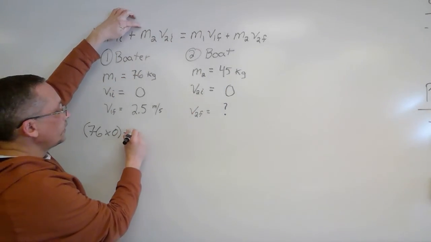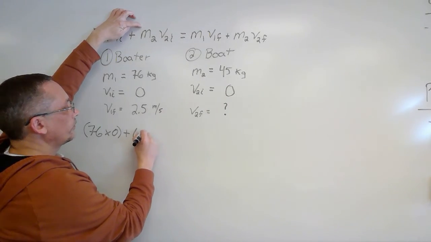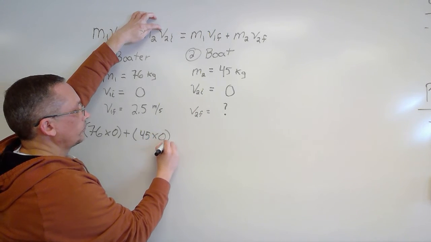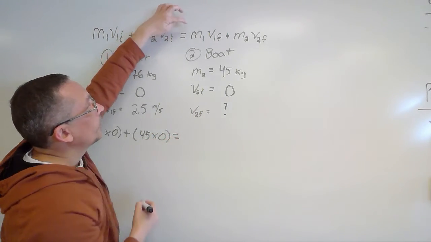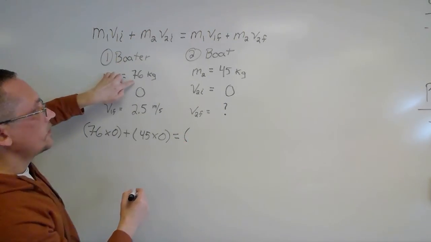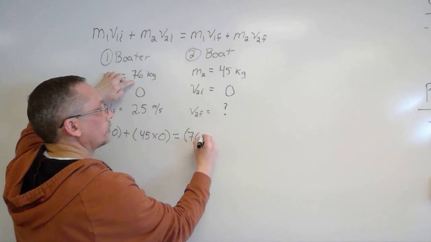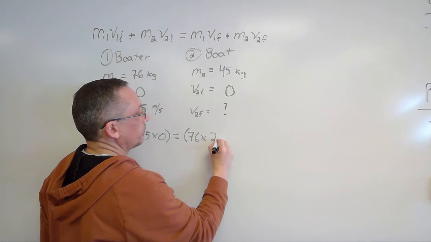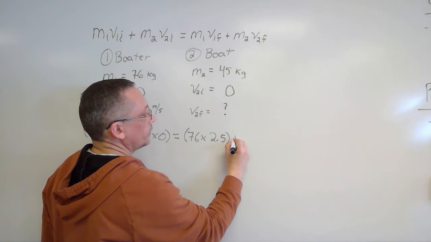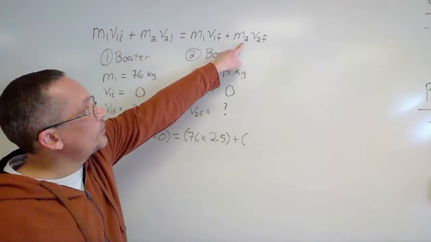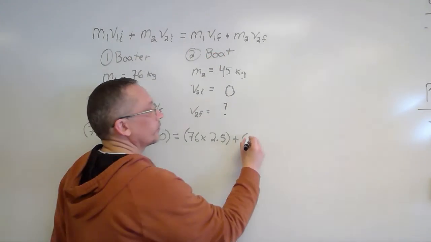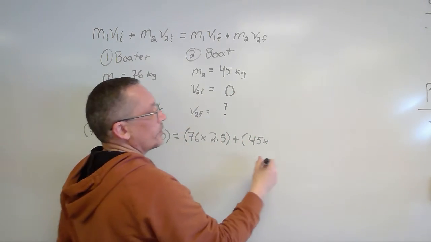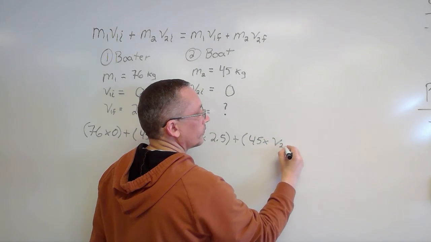Okay, M2 was 45, and V2I was 0, equals M1, again, was 76, times V1F, which was 2.5, plus M2, which was 45, times V2F, which is what we don't know. So I'm going to write V2F.